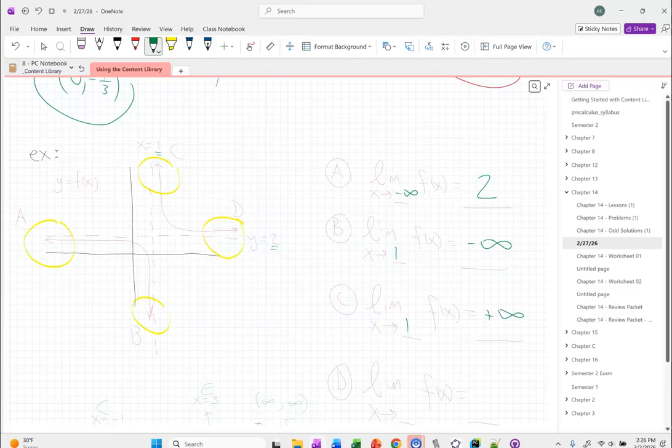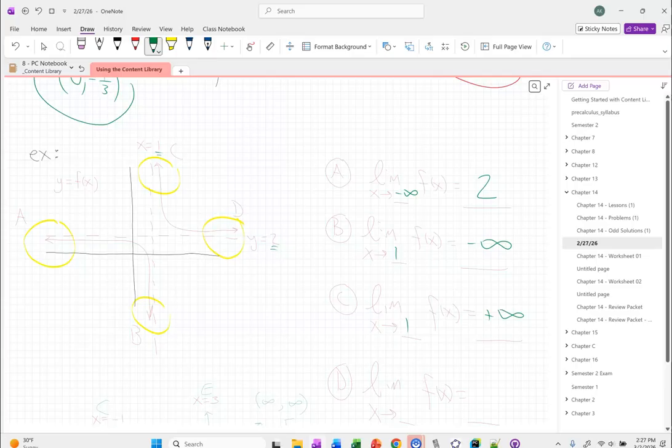This is a function, right? If I have a function, can an x value have 2 different y values? No. But that's kind of what we're saying is happening. We head to 1 and we go to negative infinity. We head to 1 and we go to positive infinity. Should that be happening? No.